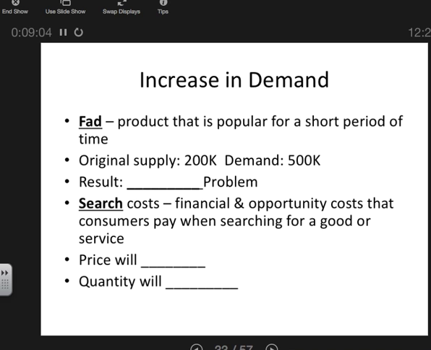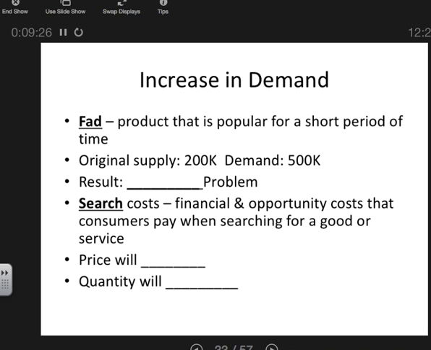I don't want to write the wrong thing up here. Price increase, quantity increase. So it's moving up the supply curve, so the price will increase, and then also we'll have a quantity increase as well as demand moves to the right.